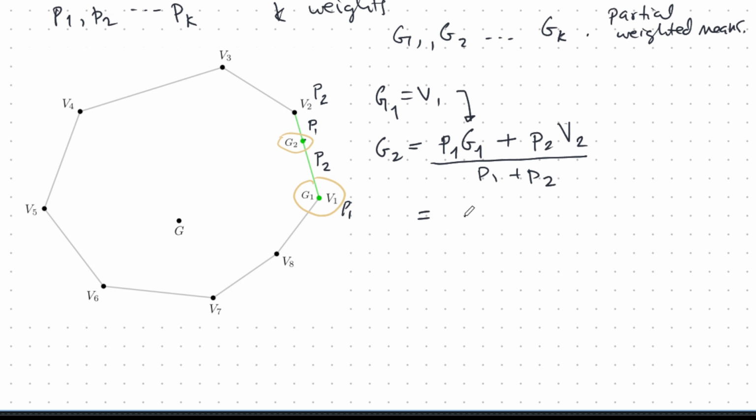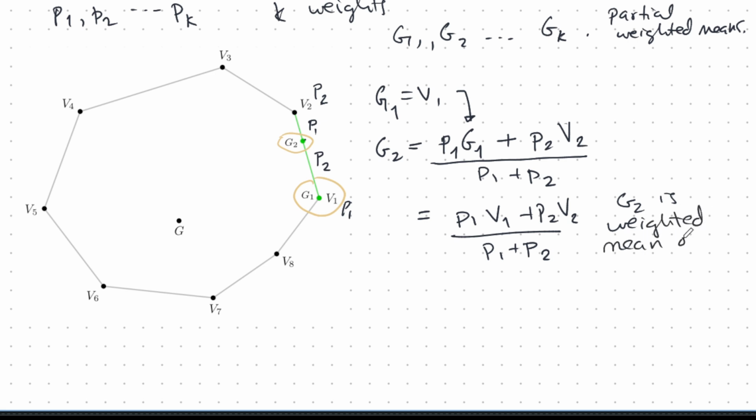I substitute for that, and I have P1 V1 plus P2 V2 over P1 plus P2. So what is G2? G2 is the weighted mean of V1 and V2. So it's like a partial weighted mean. It's not the weighted mean of all of the points of the polygon. It's a weighted mean of two of them.